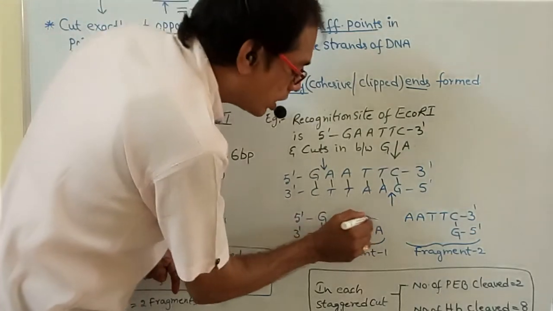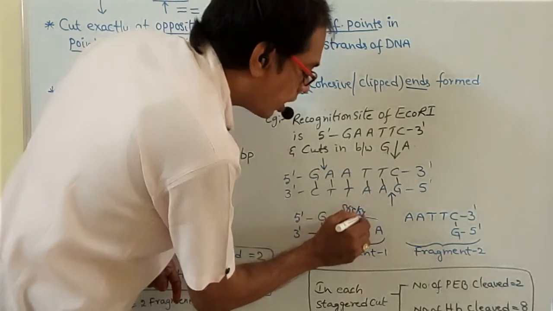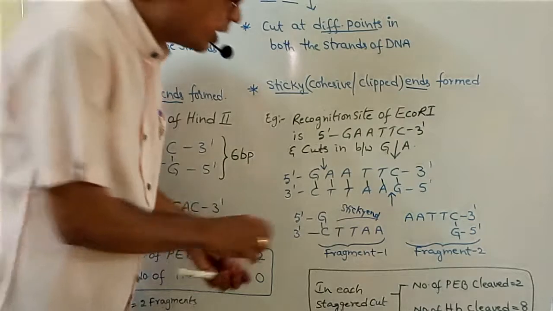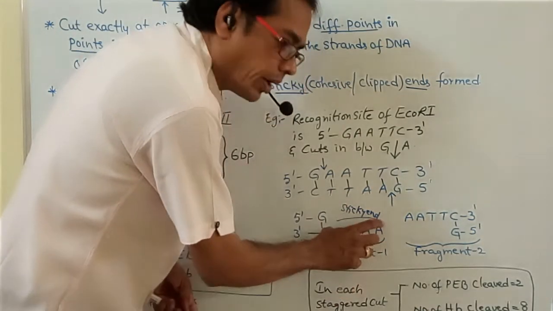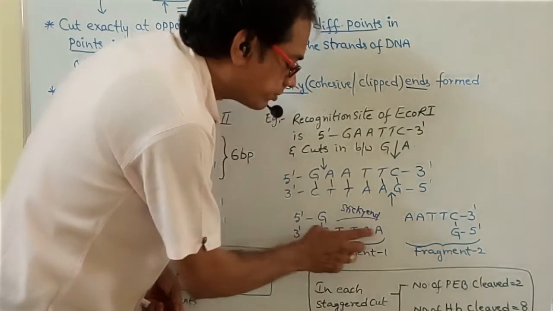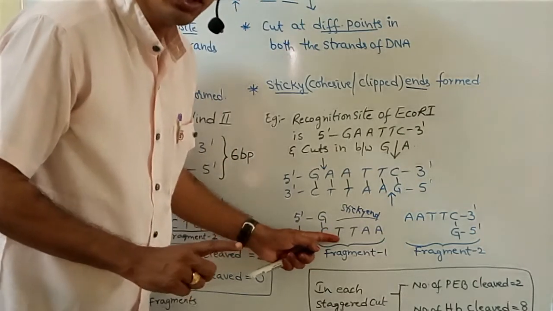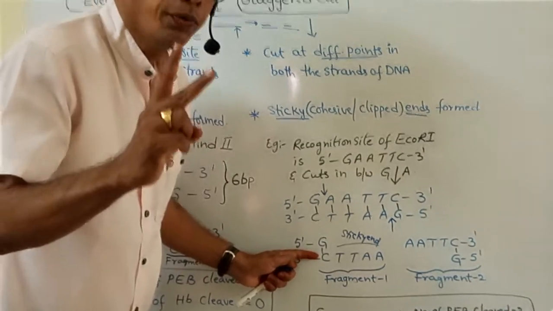So this one is called a sticky end. Try to remember, my dear students. This entire thing is called a fragment. One fragment contains this sticky end. So one fragment has one sticky end. For one staggered cut, how many fragments are formed? 2 fragments.